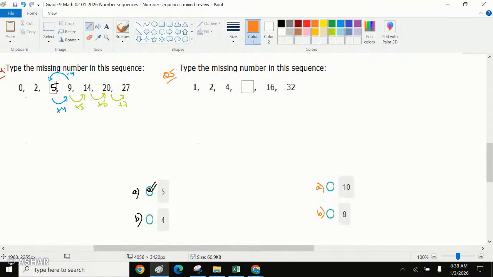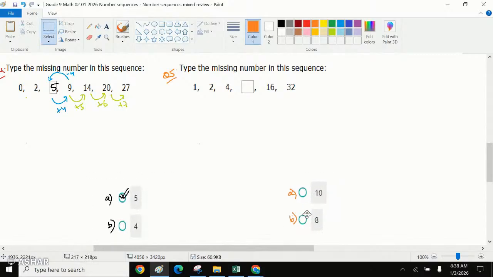This is not an arithmetic sequence, right? But this is a geometric sequence over here. So how do we simplify a geometric? In case of geometric, we always find the ratio, right? Ratio is always the term with its previous term.